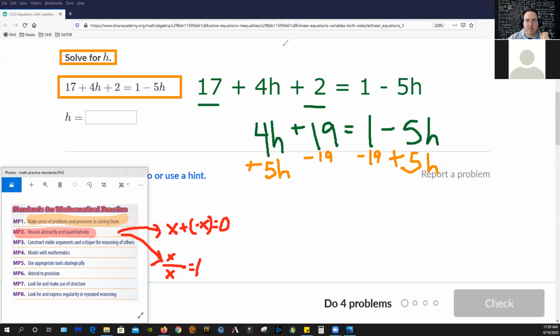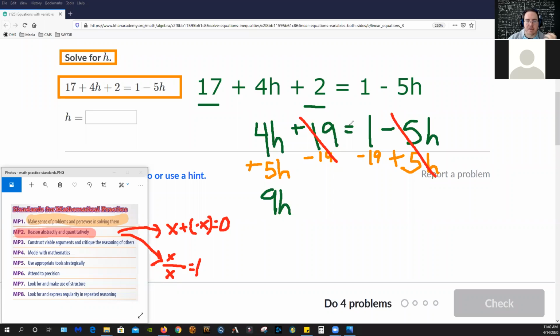So here's what ends up happening when done correctly. So negative 5h plus 5h, that makes 0. And 19 minus 19 makes 0. So what we're left over with, 4h plus 5h is 9h. I had to add 5h to both sides because it's an equation.